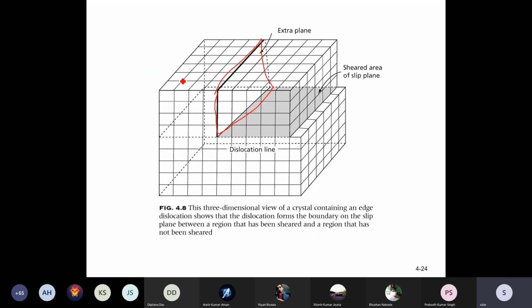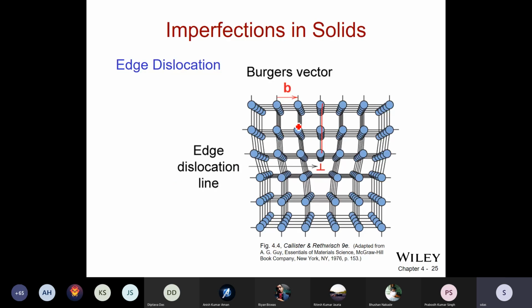If I take a look from this side, at atomic level, it will appear like this. One half plane and remaining planes are continuous.